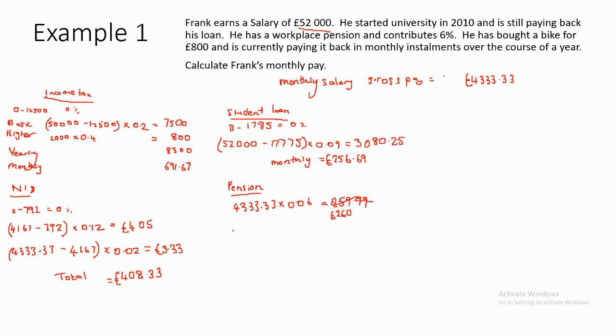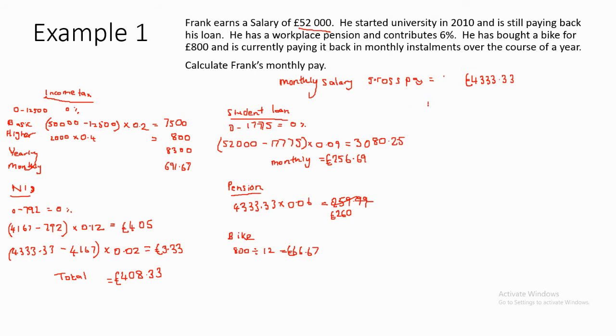And then the final thing is this bike loan. So you've got £800 divided by 12 because he's paying it back in monthly instalments over the course of the year. £66.67 per month.